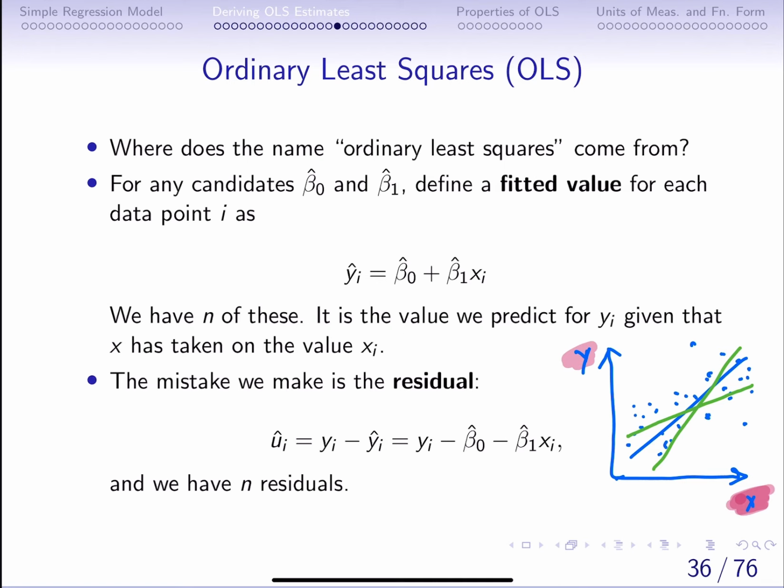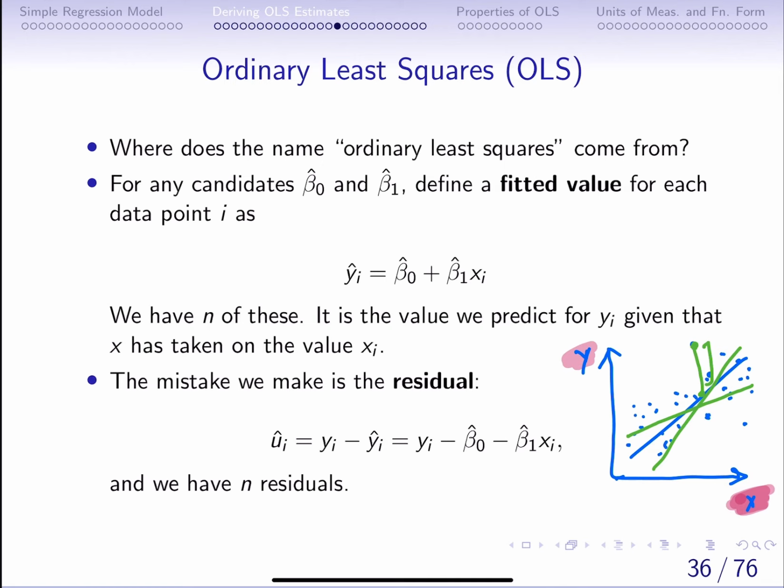And when we say the best, we basically mean the distance between these different points and the regression line, the sum of the square of that distance, is minimized.